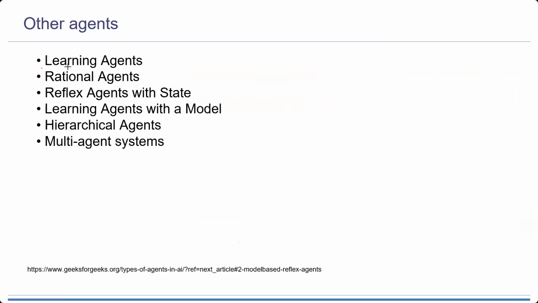We can see learning agents, learning agents with model, hierarchical agents, multi-agent systems, and so on. But I do not want to discuss those kinds of agents. At least you know some of the important agents. And those are the foundation of AI.